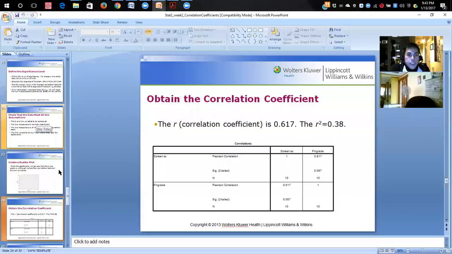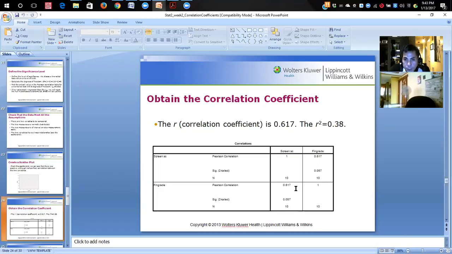Where we left off, this is where we last discussed. So the correlation coefficient, for example, if this is how to interpret it, is 0.617 and the R squared is 0.38.